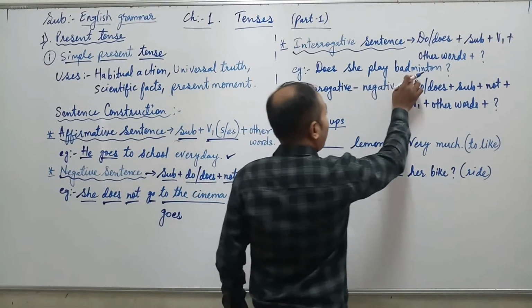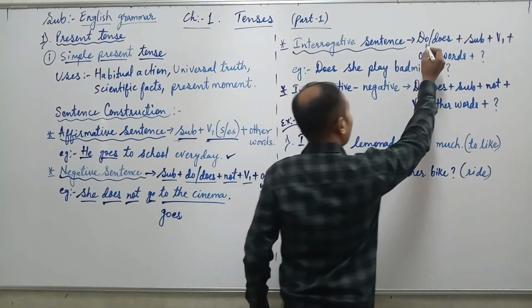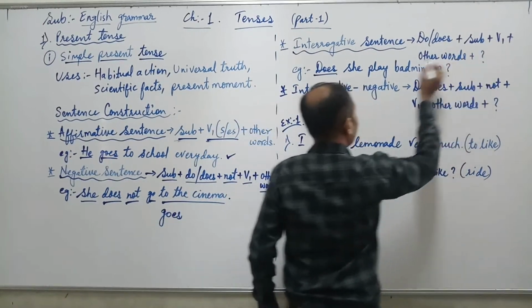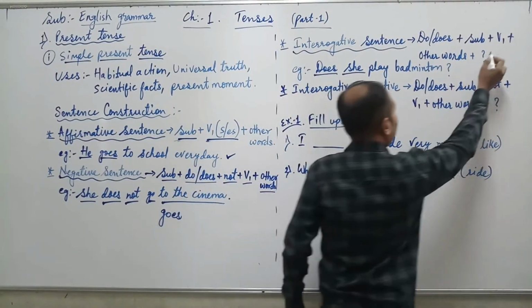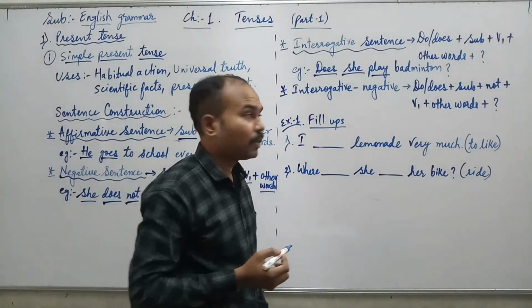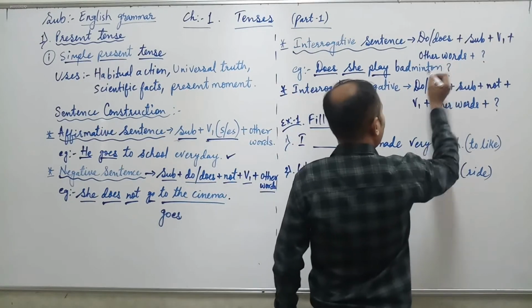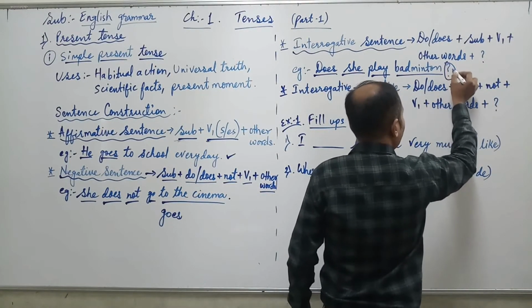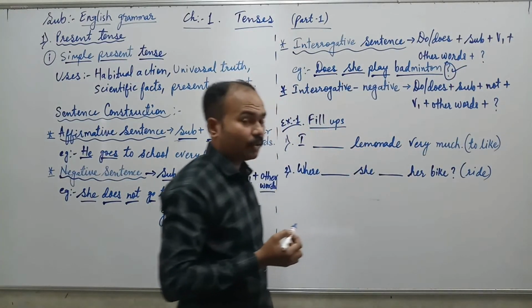Does she play badminton? See over here, first of all we write do, does, then comes the subject, then comes the verb first form. Play is your first form of the verb, and then come the other words, and finally the question mark, which is very much necessary in an interrogative sentence.